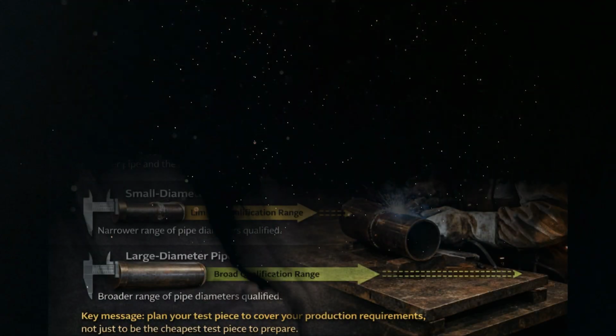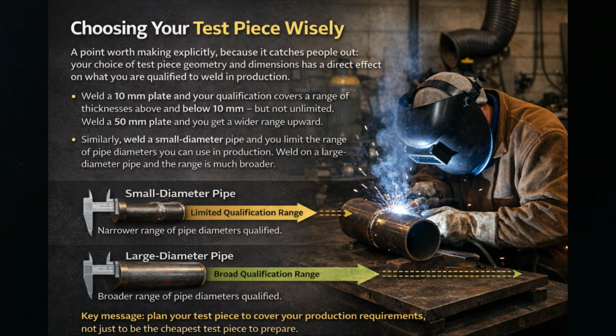A point worth making explicitly, because it catches people out: your choice of test piece geometry and dimensions has a direct effect on what you are qualified to weld in production. Weld a 10 mm plate and your qualification covers a range of thicknesses above and below 10 mm, but not unlimited. Weld a 50 mm plate and you get a wider range upward.